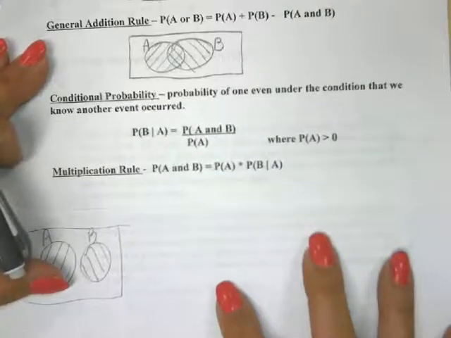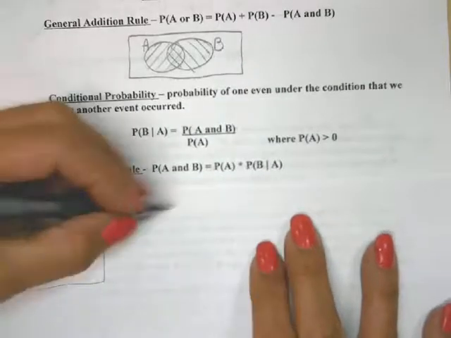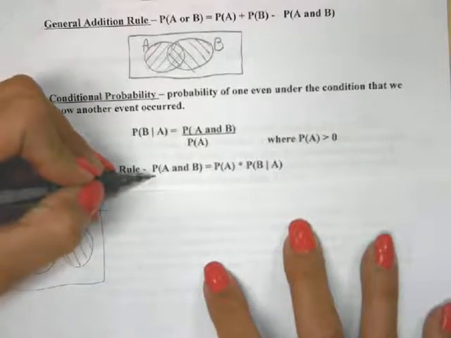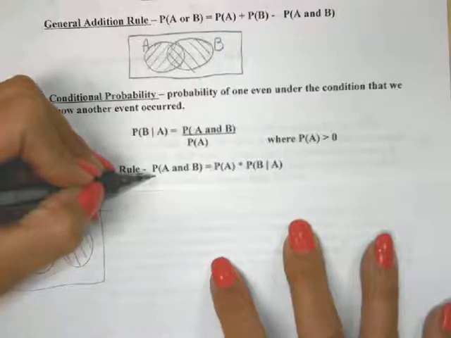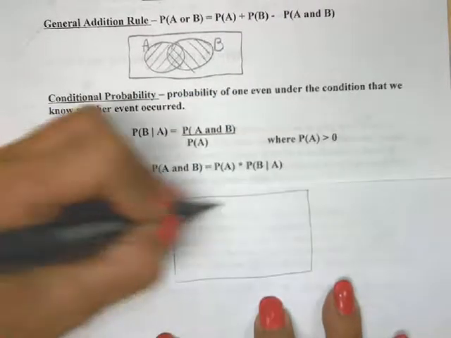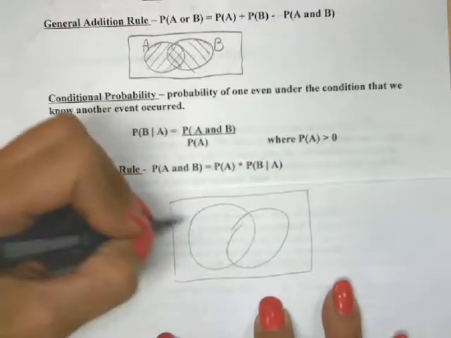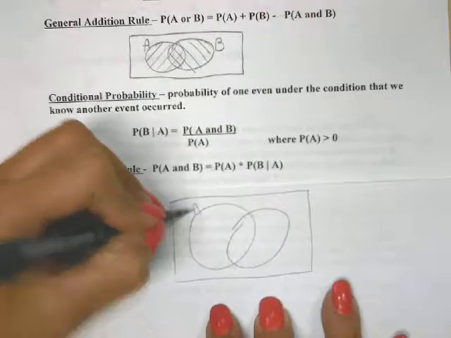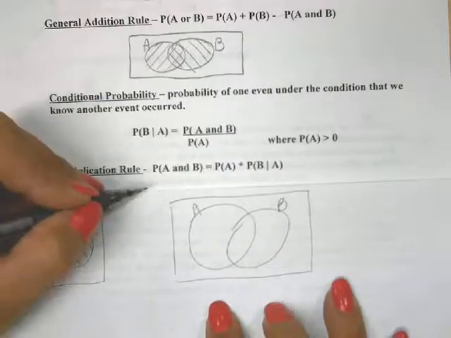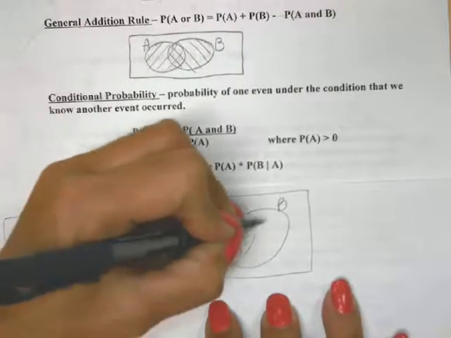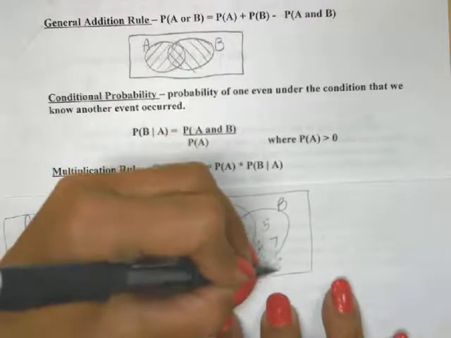Now, in general, if we want to find the probability of the intersection between two events, if there's something that's countable, that we can just count the intersection, like for instance, let's say I gave you the numbers 1 through 10. I'm going to put them in set A or set B or both. Let's say I have the numbers 1, 2, 3, 4, 5, 6, 7, 8, 9, 10.